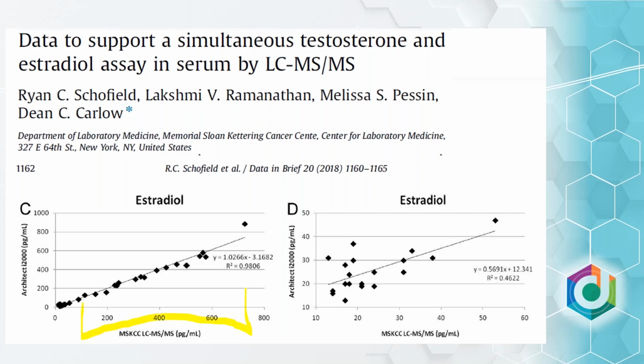And when we look at the advanced method on the x-axis, that's the LC-MS-MS method, and we look at this given immunoassay, you get pretty good numbers, right? But that correlation is strong. But when you really zoom in, and we can see that over here on the right, the correlation falls apart a little bit at the low end because this immunoassay isn't really accurate enough at those low levels.